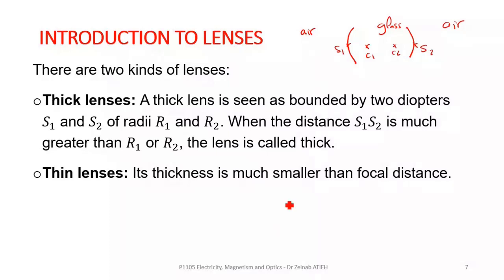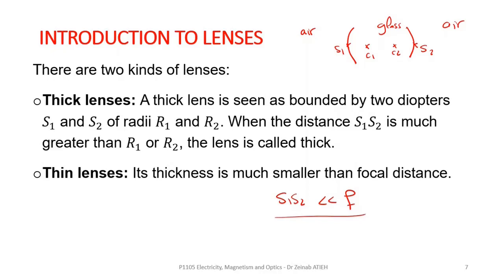Now, if S1S2 is smaller than the focal distance, then we can consider it a thin lens. What is the difference between them? Simply the formula used. In an exercise it appears clearly whether it is a lens or a diopter, because when we introduce the problem we say we have lenses or a diopter.